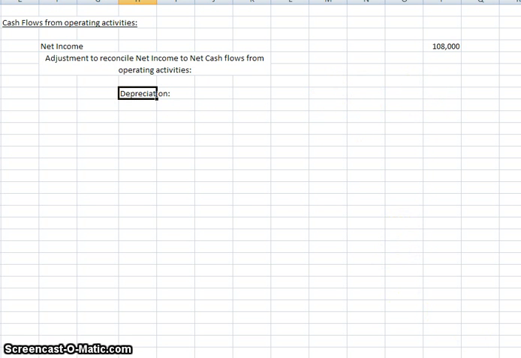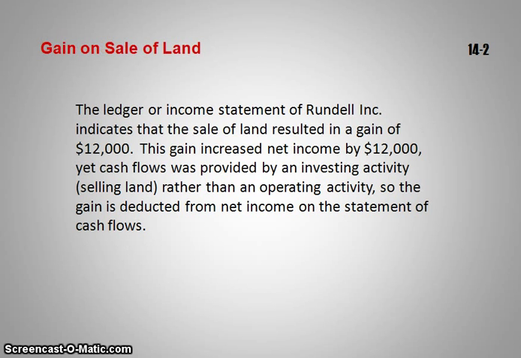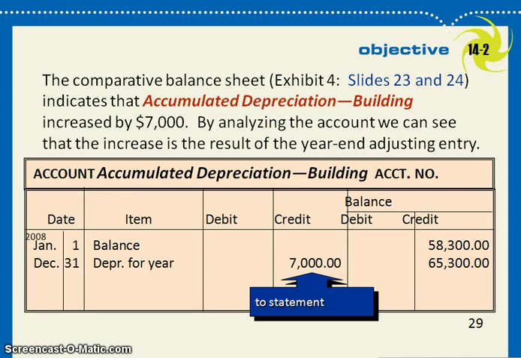I'm going back to my PowerPoint to figure out how we get that depreciation number. If you think about the depreciation journal entry, it's always a debit to depreciation expense and a credit to accumulated depreciation. Accumulated depreciation is a balance sheet account. If you went to accumulated depreciation building, which is on that information from earlier that I told you to print out or write down, you would see that it increased by $7,000.